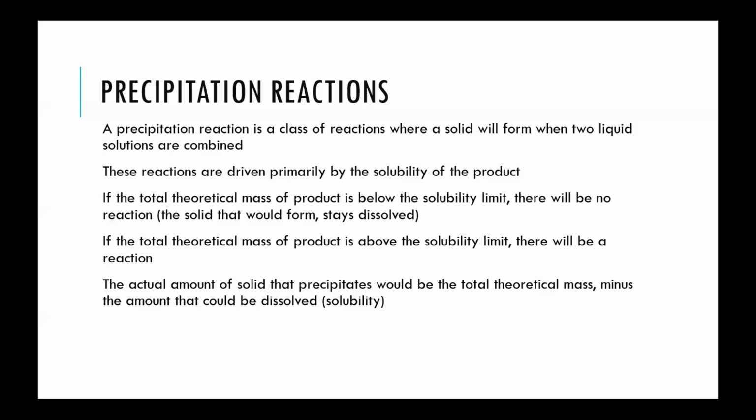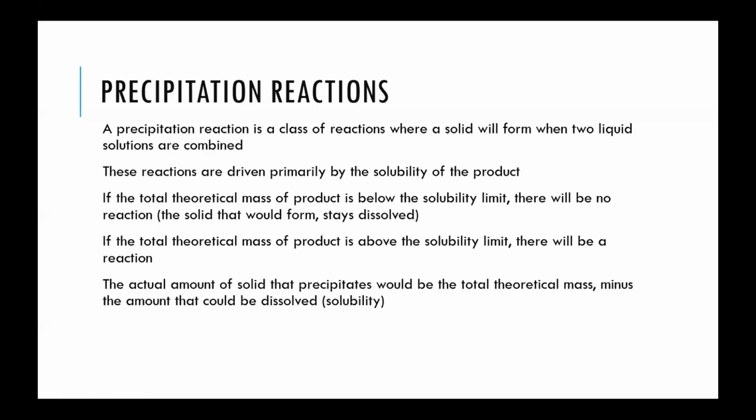So any amount above that number or above that concentration will precipitate and form a solid. But if the overall concentration is below that number, it would stay dissolved and not react because it would be below the solubility limit.